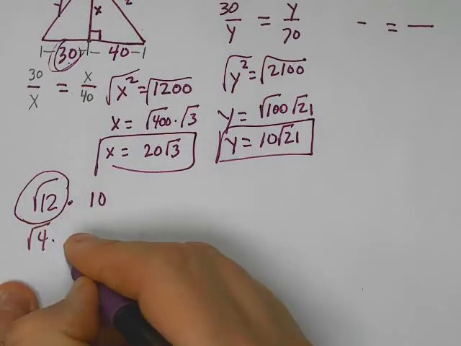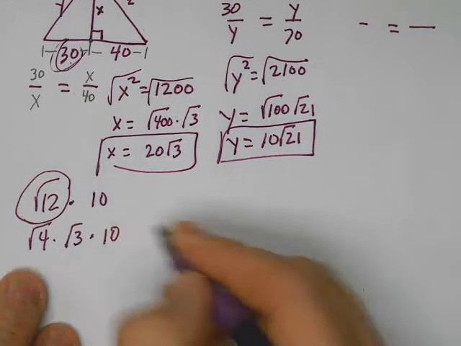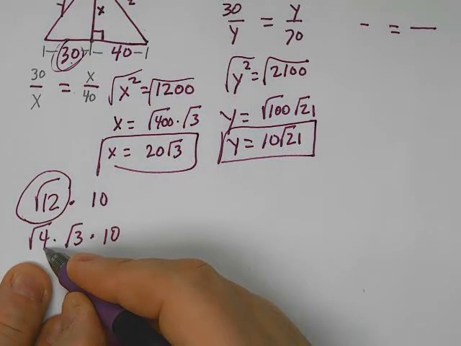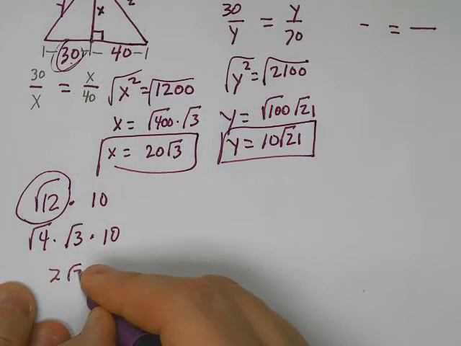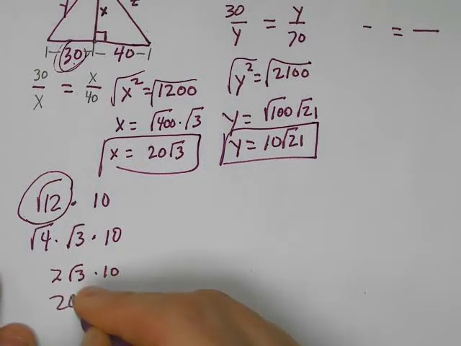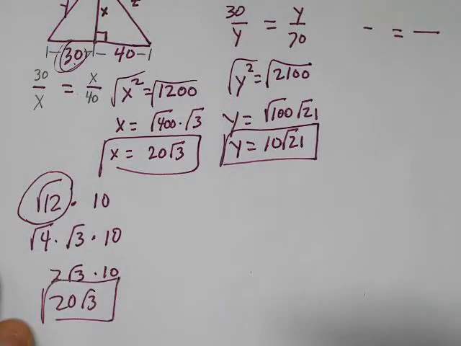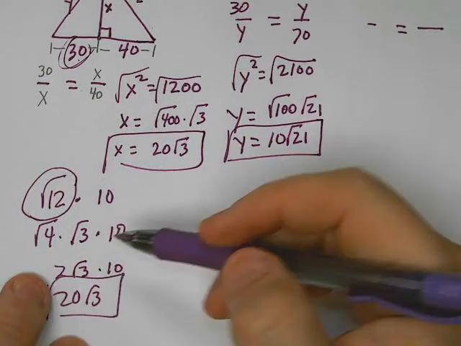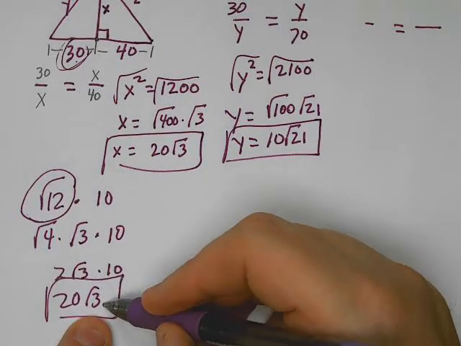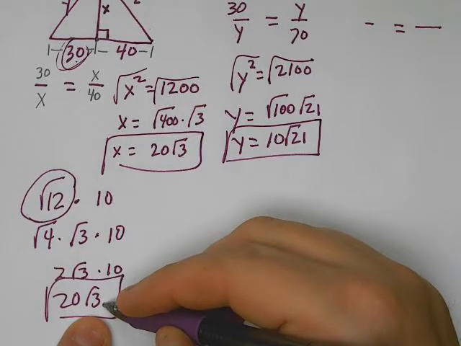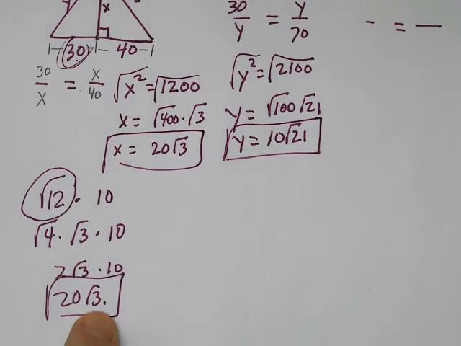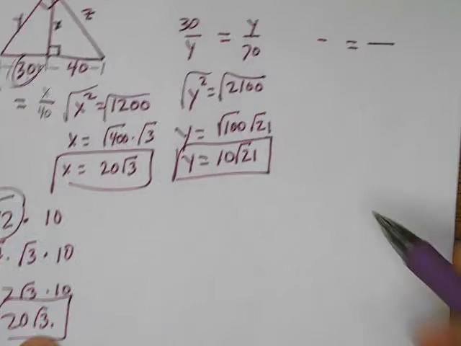The square root of 4 times the square root of 3 times 10. What's the square root of 4? So 2 square root of 3 times 10, that would be 20. So it's not simplified until there are no longer any perfect squares that can be factored out. Okay? So you kind of answered your question yourself. But good. Okay, back to Z.